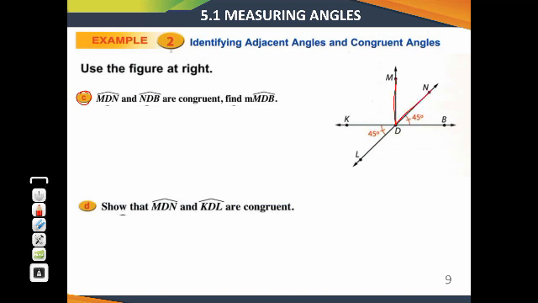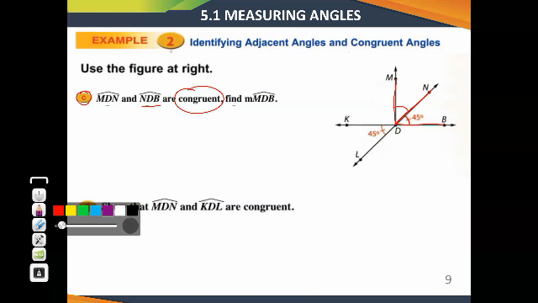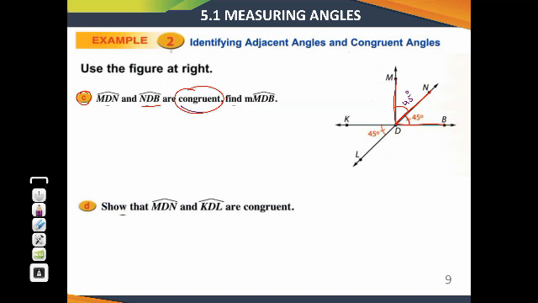It means this angle, and NDB, this angle, are congruent. It means they have the same measure. So in here it is 45, and here it is 45 also. Why? Because they are congruent. Congruent means they have the same measure.